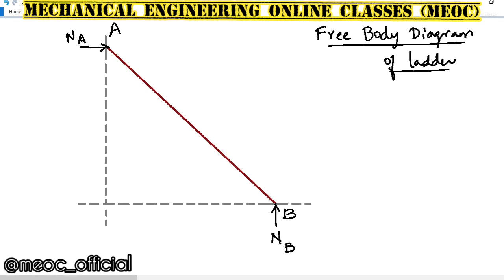Now the weight of the ladder is given as 100 Newton, so that will be acting from the centroid or center of gravity of the ladder, which will be the midpoint. So from this point there is a 100 Newton force. The length of the ladder is 8 meters in all.